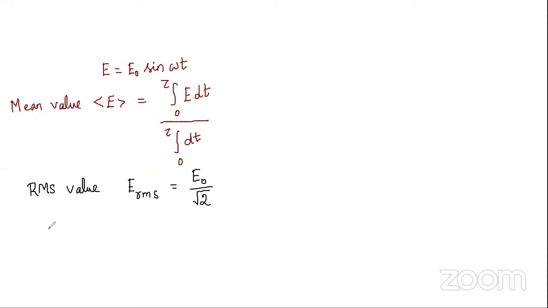And what is the average value over one half cycle? This is the average value for the complete cycle, and what is the average value for one half cycle? That also I will be writing here.